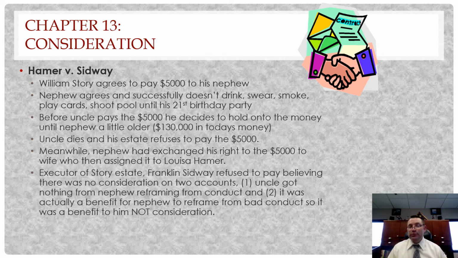Shooting pool was one of the things he couldn't do anymore, going to the pool houses and those kinds of things. All these things were hurting the name of William Story, and it was a pretty prominent family name with a pretty prominent business. The uncle believed that reputation was being harmed, and that could hurt the business ultimately.